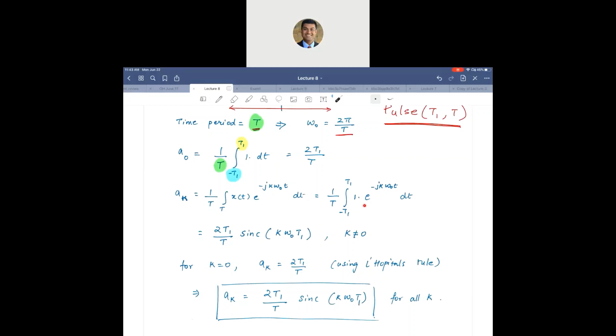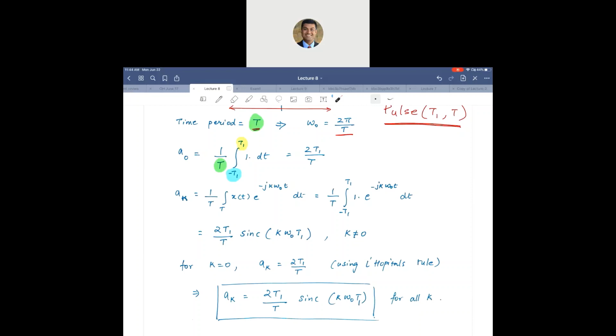Because I know that I can integrate this, I will get another complex exponential. I will get a division by negative jk omega naught as well, which I can use to simplify and write that result in the sinc form. So the general result is 2 t1 divided by T sinc of k omega naught t1 for k not equal to 0.